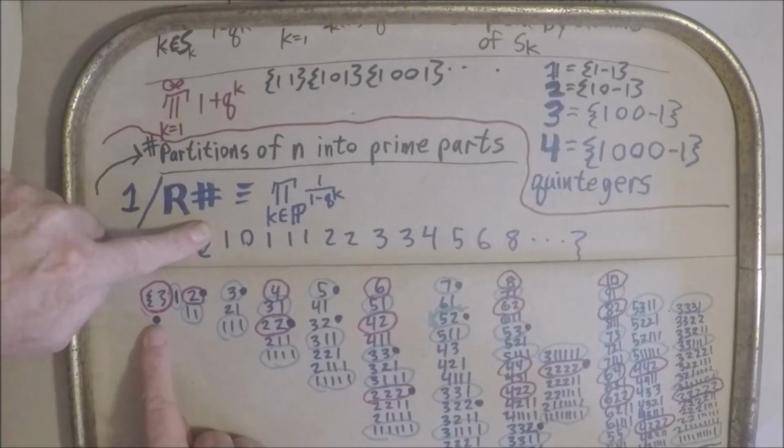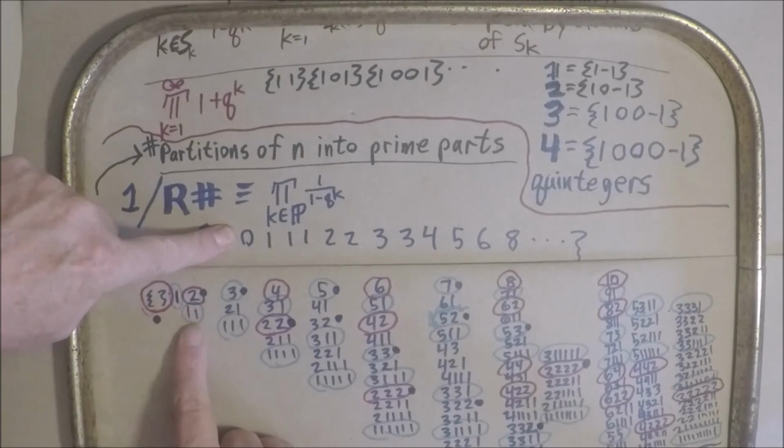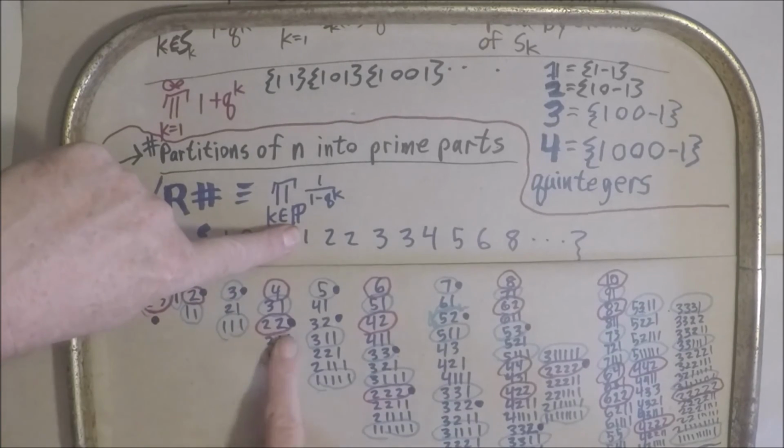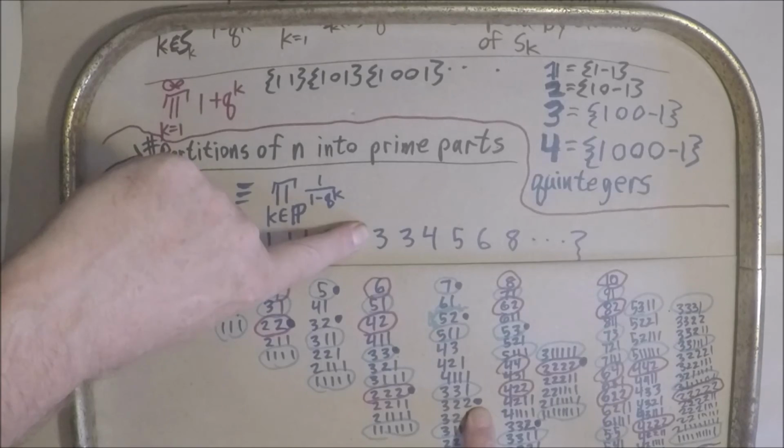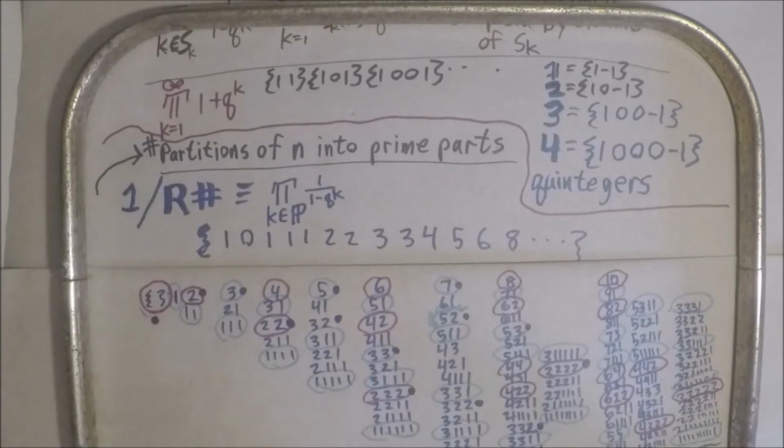We get 1, 0, 1, 1, 1, 2, 2, 3, and etc. So this becomes a very general principle by which we can construct restricted partition functions of just about anything we please. It just comes down to a matter whether it's useful, interesting, gives you some new insights and things like that.